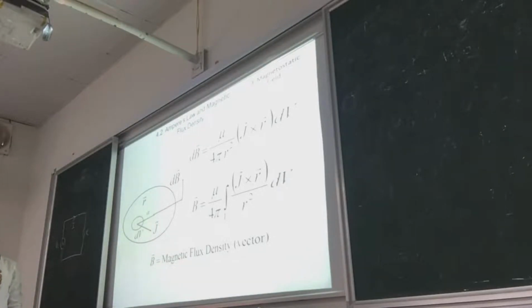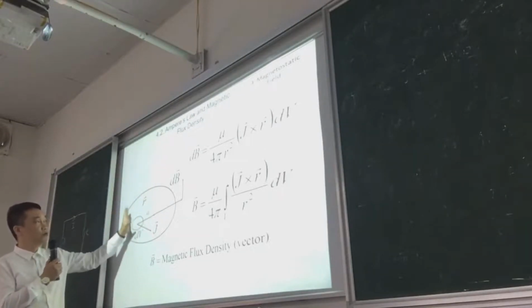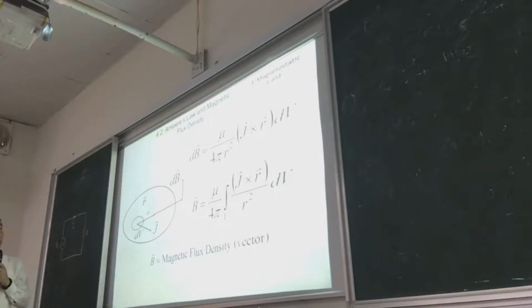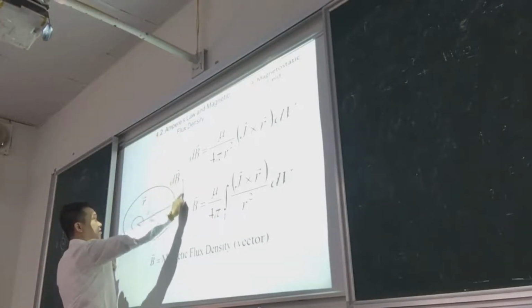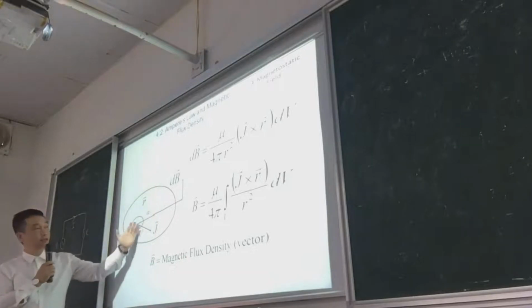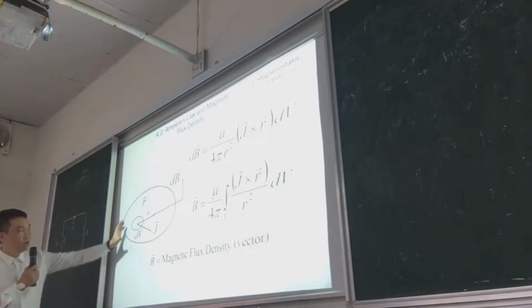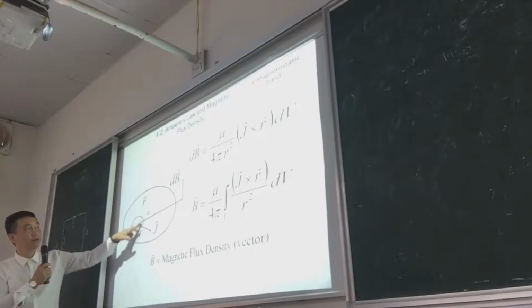Let's say, for example, you have the volume V inside the magnetic field. We express the magnetic field by vector B, and you have the current density J here, and you consider an infinitesimal volume dV.